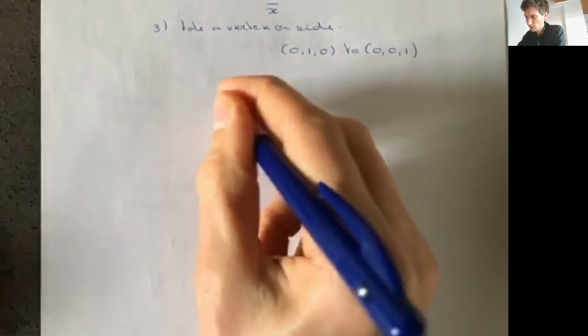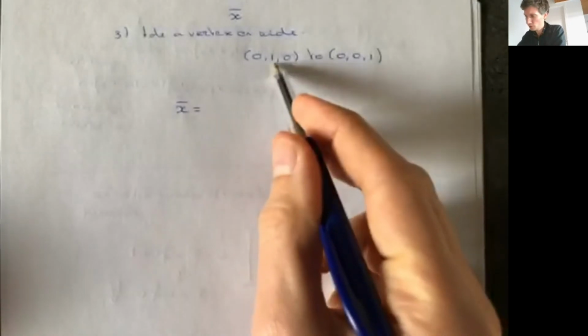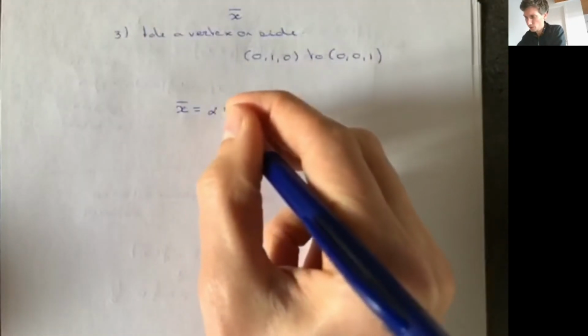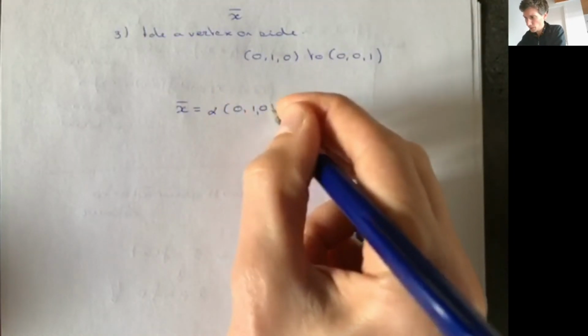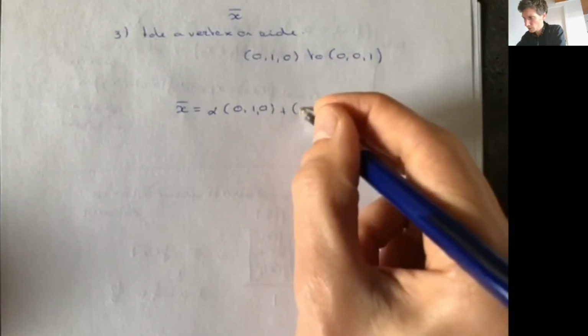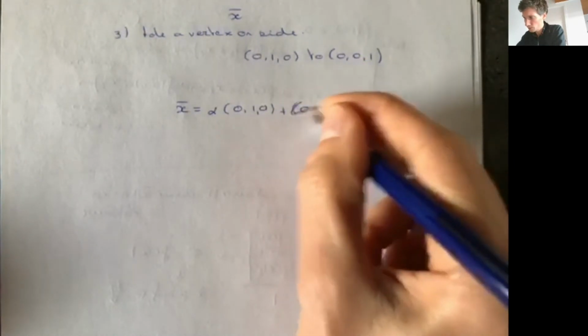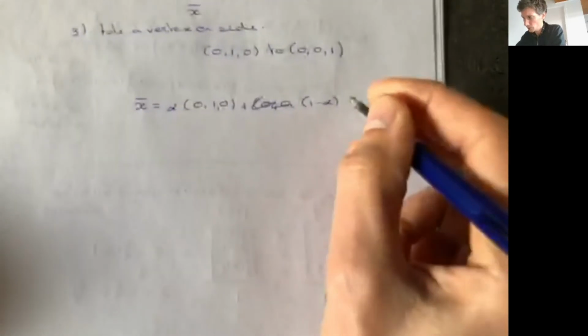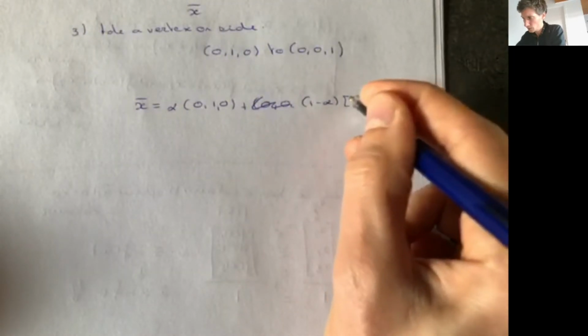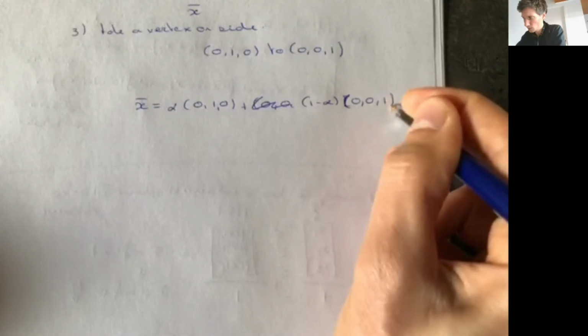So we know that x is equal to a convex combination of this vector and this vector. So for example, it's alpha times 0, 1, 0 plus 1 minus alpha times the vector 0, 0, 1.